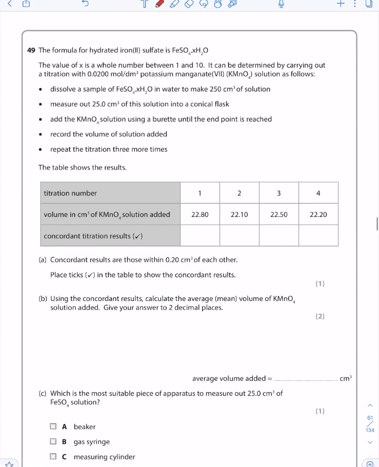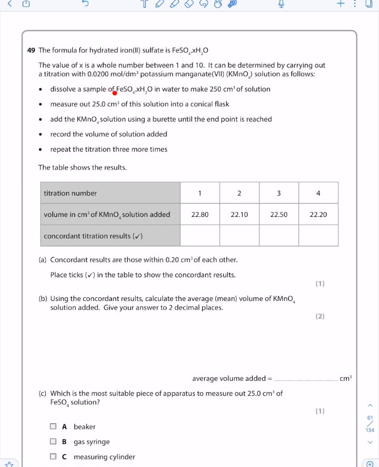Question 49. The formula of hydrated iron(II) sulfate is FeSO4.xH2O. The value of x is a whole number between 1 and 10. It can be determined by carrying out a titration with 0.0200 mole per cubic decimeter potassium manganate(VII) solution as follows.